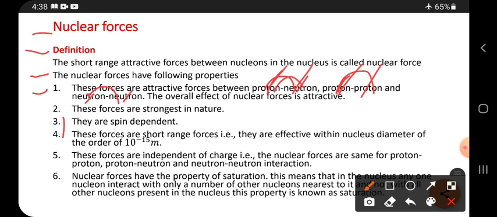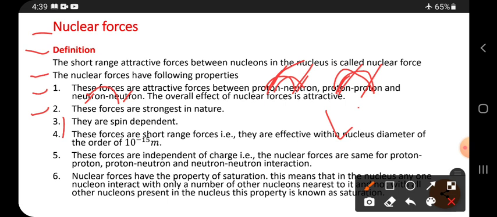In the last video I explained that between proton and proton, Coulomb's law is valid, so less Coulombic force will be there, but more nuclear force will act.